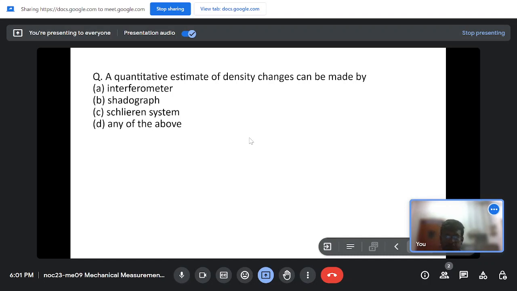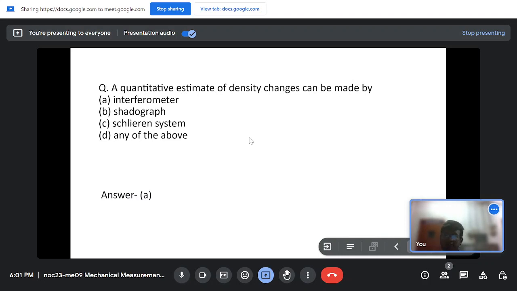To see the density change and calculate how the density changes, you need to quantify the value. So the answer is A.